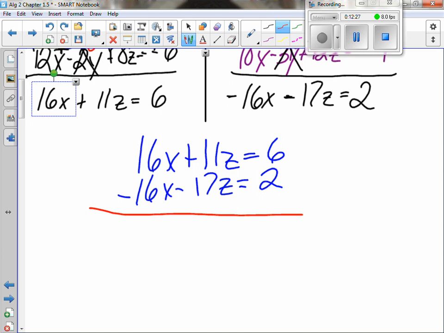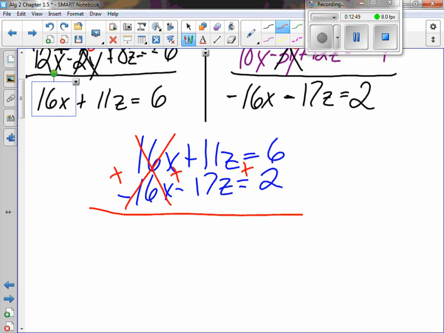So we're going to combine these two, and the reason we add is because the x's are opposite. When the signs are opposite, we add. 16 plus negative 16 is 0.